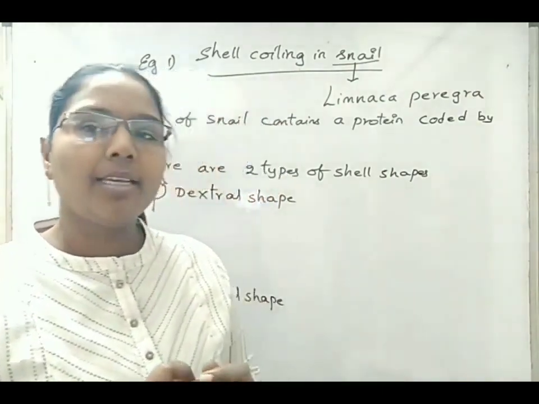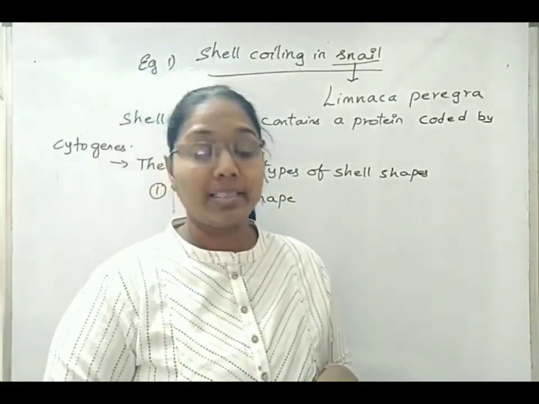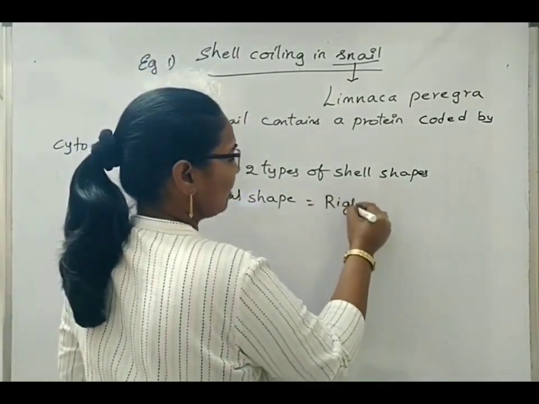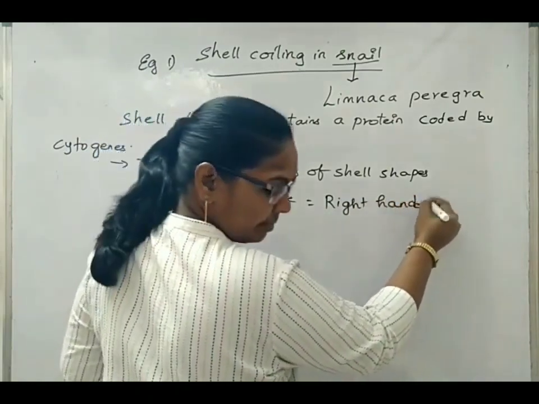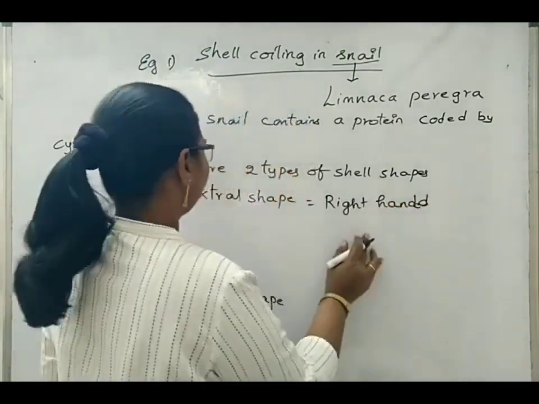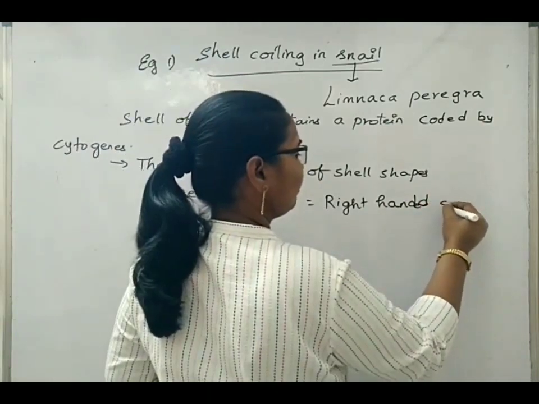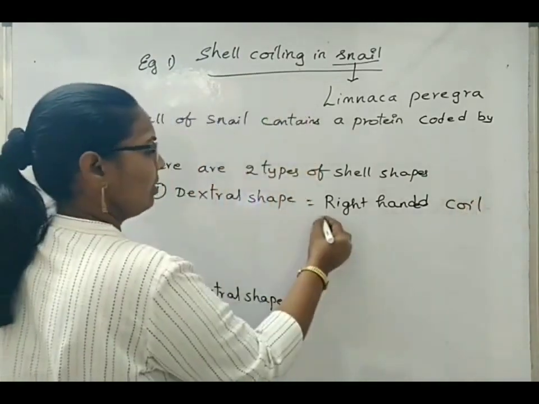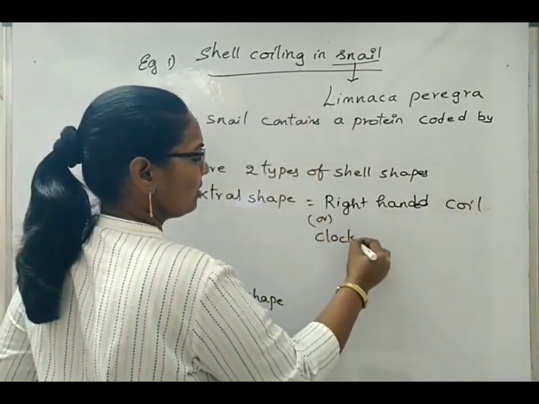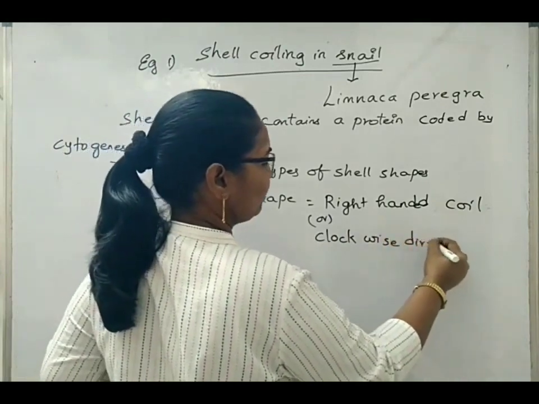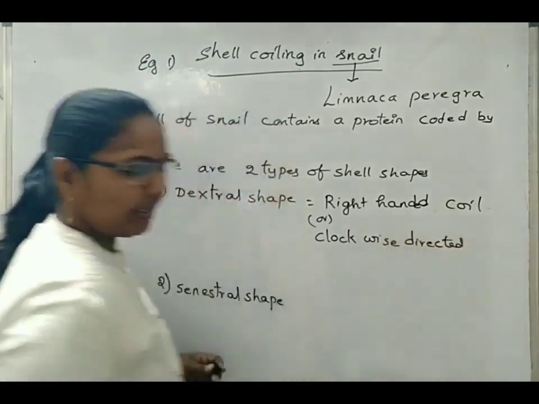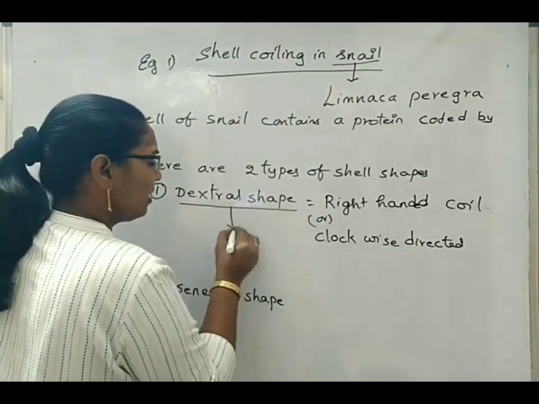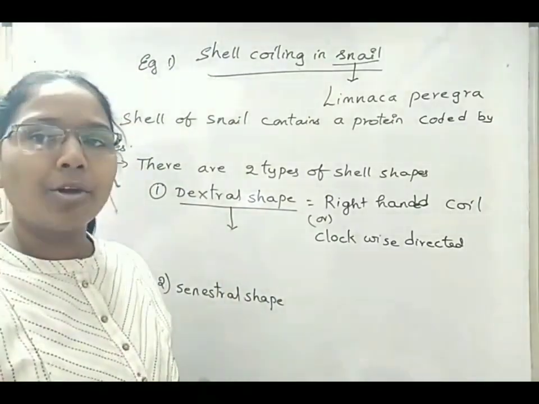It is also called a right-handed helix or clockwise directed shell, also called right-handed coil or clockwise directed. Now, this dextral shape is considered to be due to only the dominant genes.